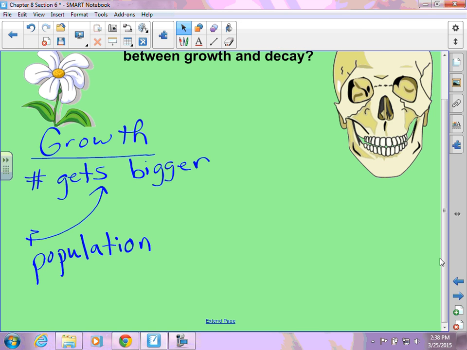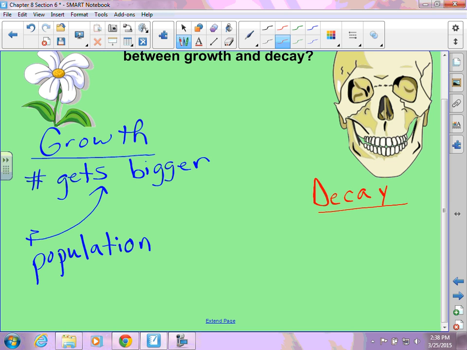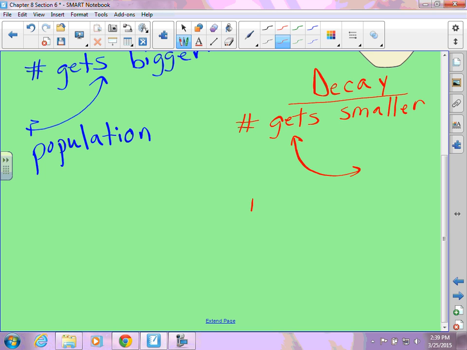When we look at decay, the number gets smaller rather than larger. The graph looks more like this, where it starts off very large and all of a sudden takes a dive. And where can we see this? Well, we can see this in population also.